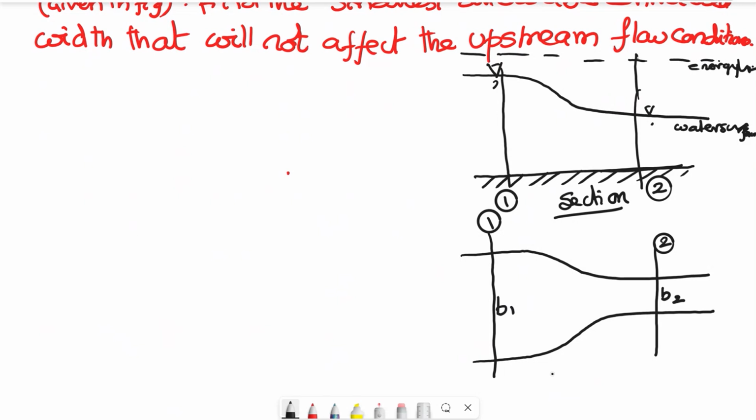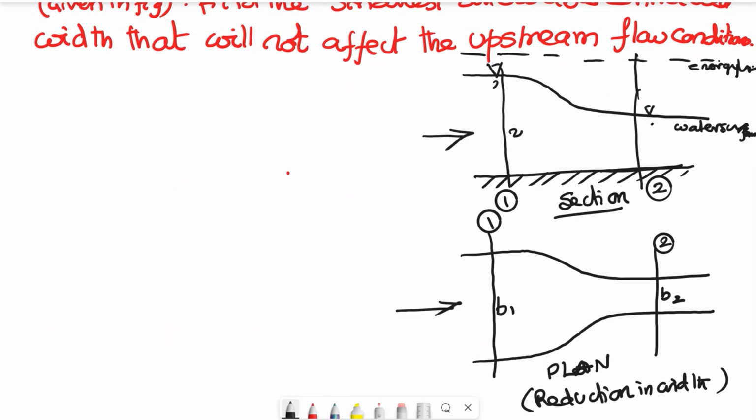Because reduction, it is plan, reduction in width of channel, right? Then here the flow is like this. This is y1, right? He mentioned a rectangular channel 2.5 meters wide. So B1 is equal to 2.5 meters wide.